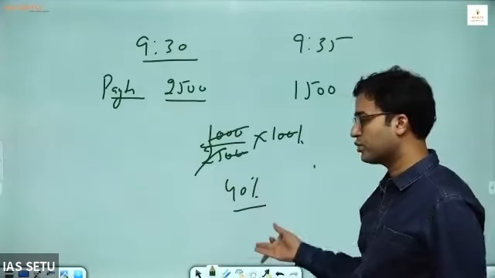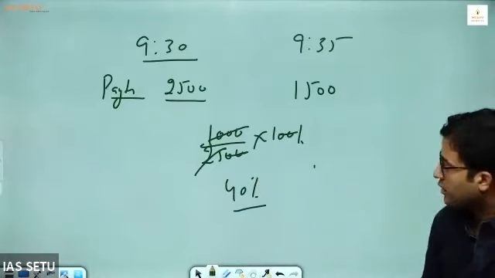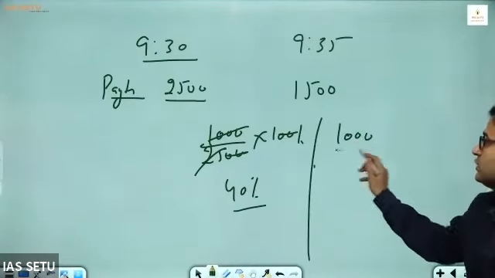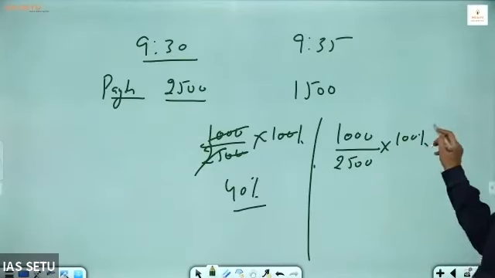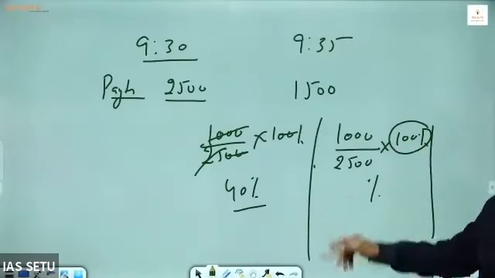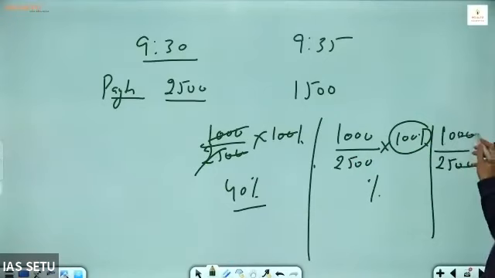Jagriti, you are now asking why I'm not multiplying with 100%. In the starting of my lecture, I told you either you do this 1000 upon 2500 into 100%. Here you will get the percentage answer. If you ignore 100%, you will get the fraction answer. 1000 upon 2500, 20 cancel.